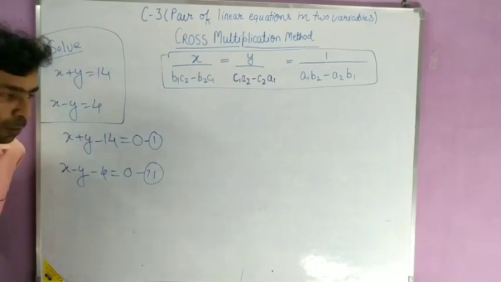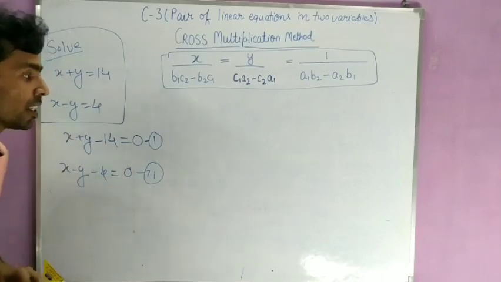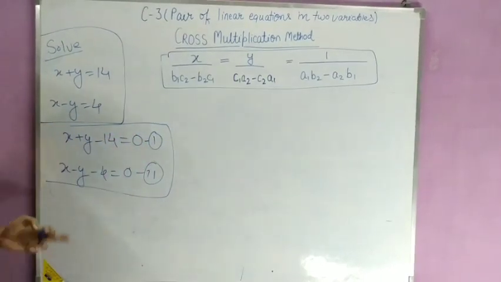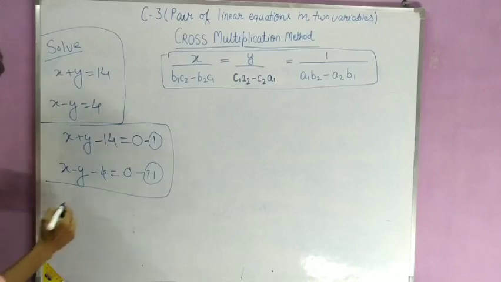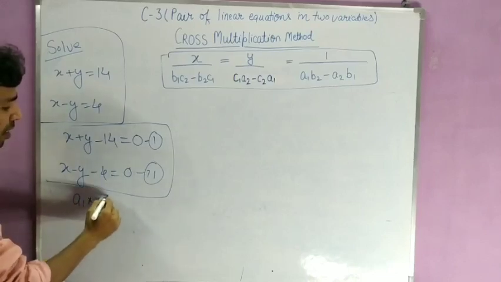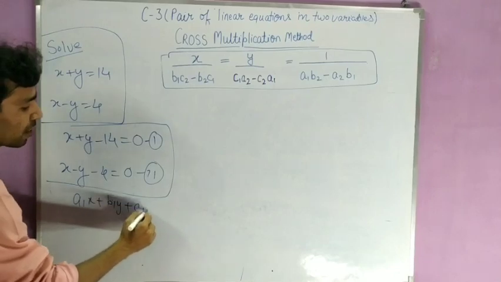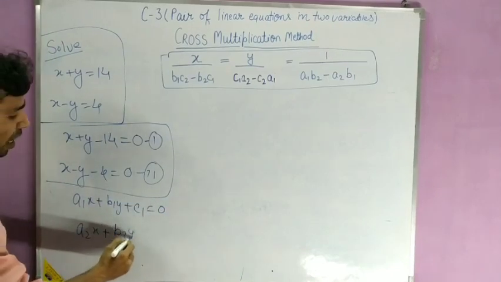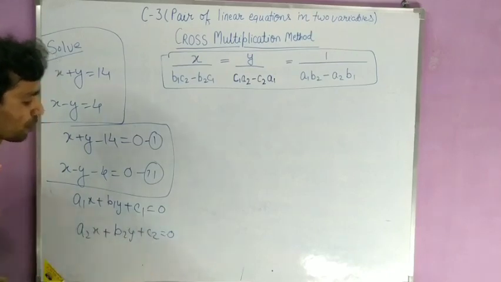Now what you will do, you will compare these two equations with the general form of linear equation. Okay, so what is the general form of linear equation in two variables? a1x plus b1y plus c1 equal to 0, and a2x plus b2y plus c2 equal to 0.